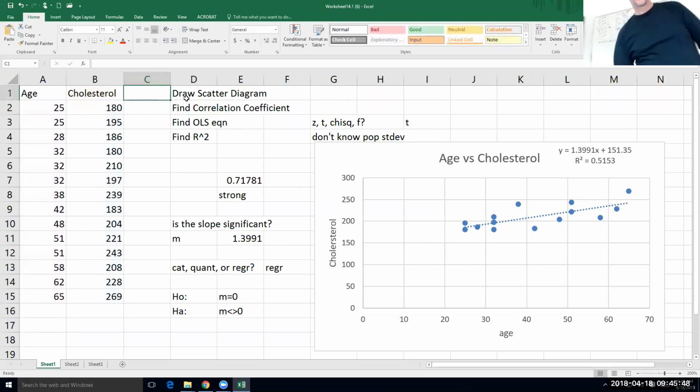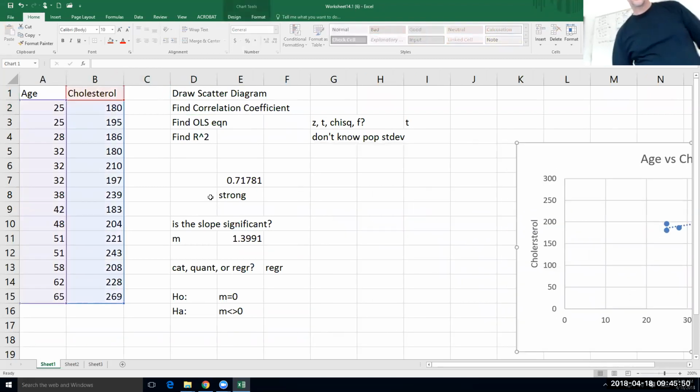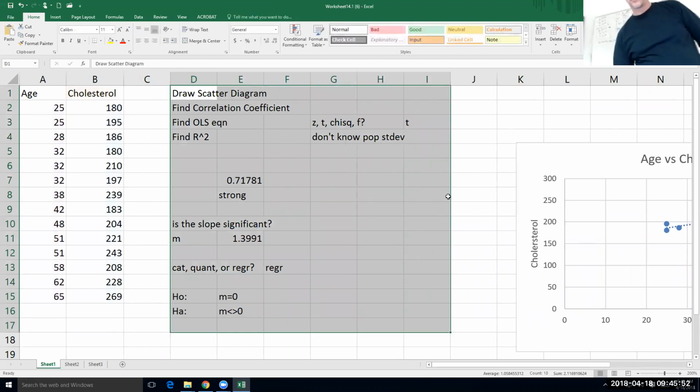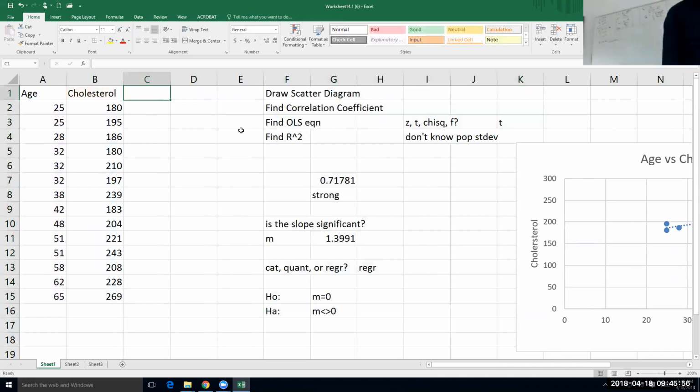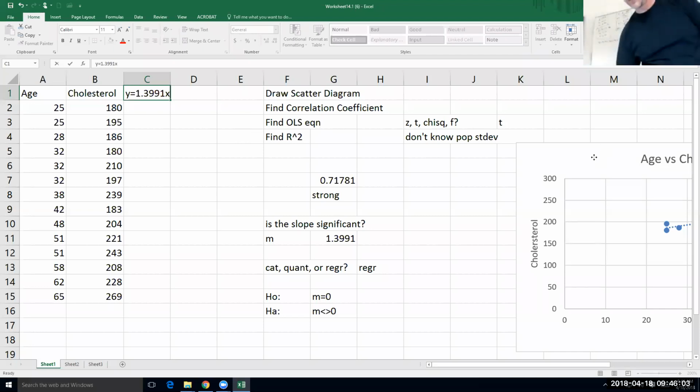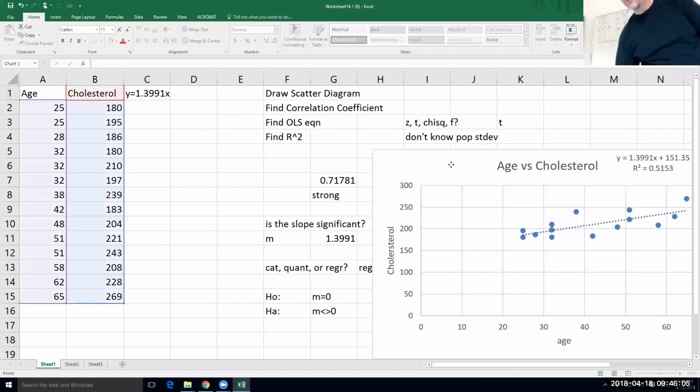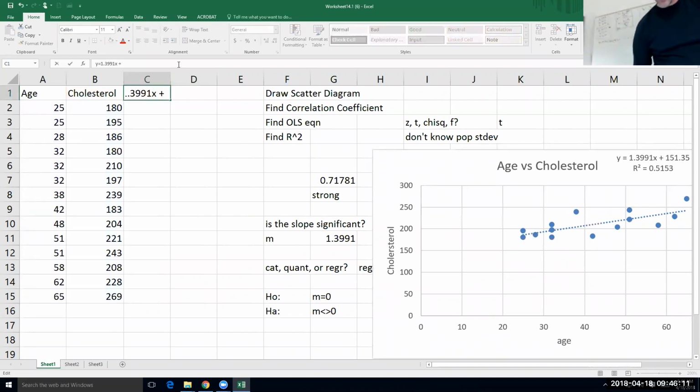The slope times the x value. Yes, so the equation is y equals 1.3991x plus 151.35. Okay? So we've got to figure out what our predicted is.